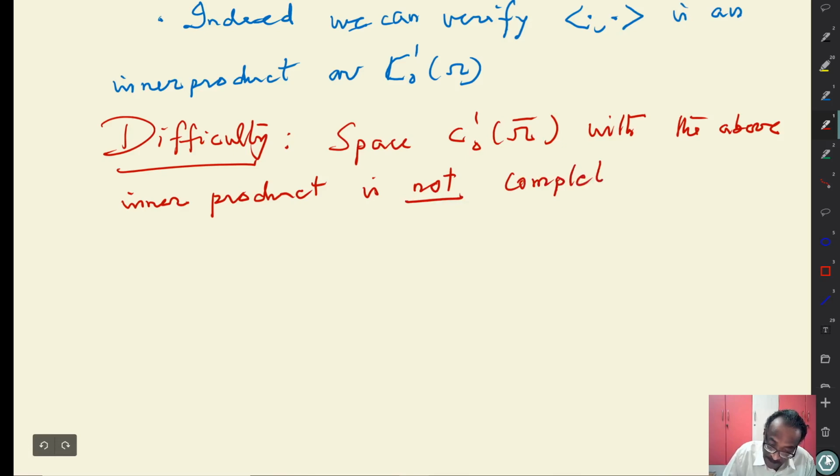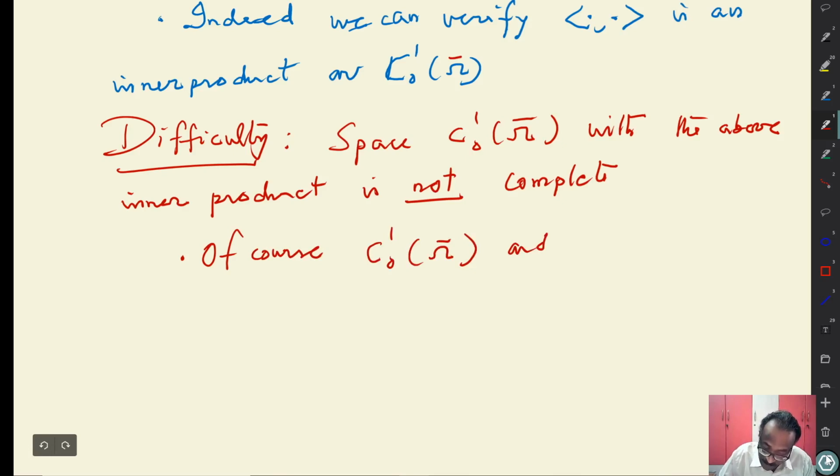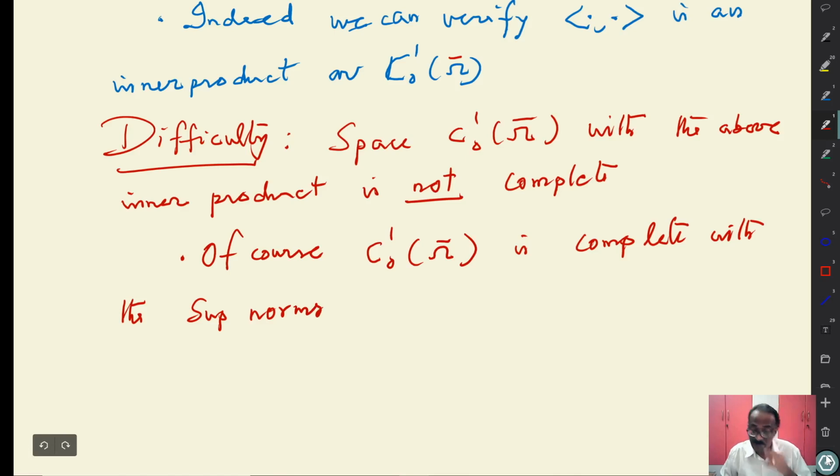Of course, it's a Banach space under a different norm, which is what we have used so far. C^1_0 of omega bar is complete and is a Banach space under a different norm, not with the inner product, but complete with the sup norm. But in infinite dimensional space, the norms need not be equivalent.